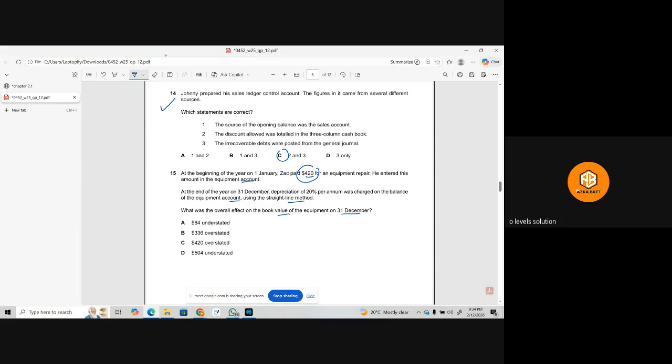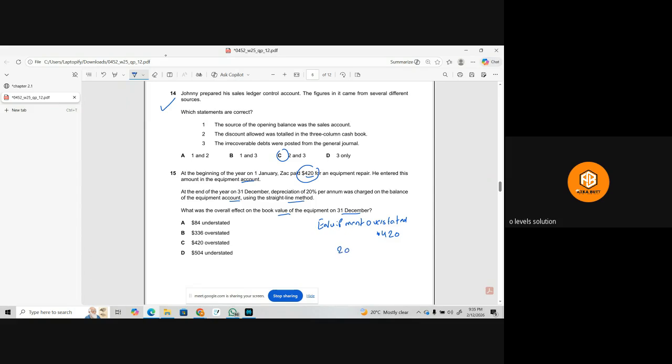Okay. So basically, the repair cost, which is $420, was wrongly added to the equipment account. A repair should be an expense; it should not be capitalized. So the effect before depreciation is that the equipment is overstated by $420. Depreciation was also wrongly charged on the repair amount.